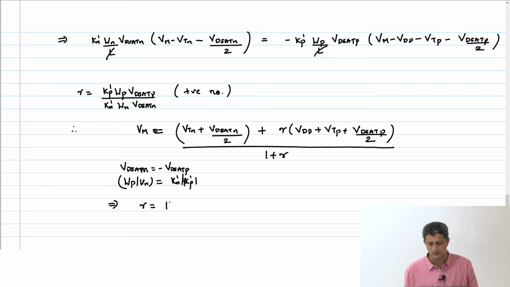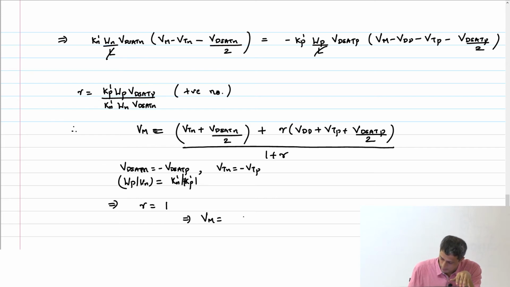Now apply the same condition out here, Vdsat n equal to minus Vdsat P. Where will Vm land up? Yeah, Vdd by 2. And of course, I'm also assuming VTN equals minus VTP. Technology is symmetric is what I'm assuming.